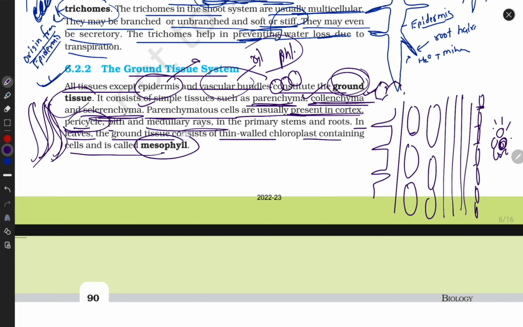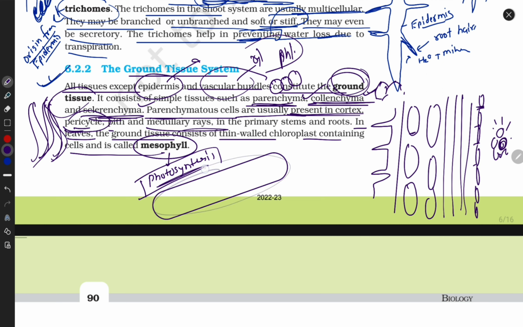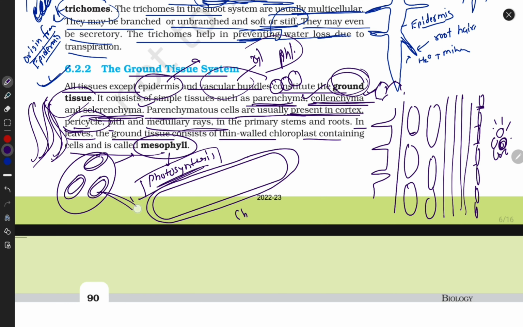Guys, what is the function of mesophyll? Mesophyll is responsible for photosynthesis, because mesophyll contains chloroplast. What is the chloroplast? A double-membrane organelle. Assume this is a cell, which we call a mesophyll cell. It contains multiple double-membrane chloroplasts. I'm zooming in on one chloroplast.